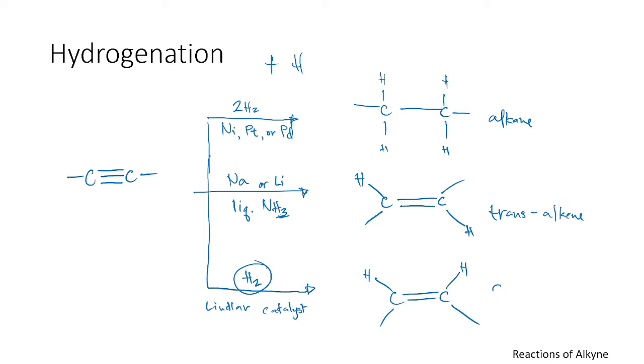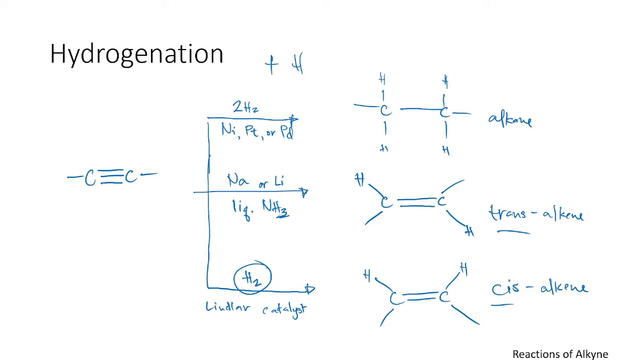So again, trans and cis are just the geometrical conformation of our compounds, or our side substituents. Okay?